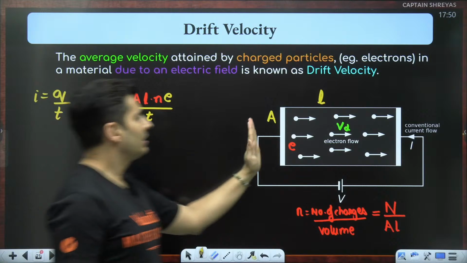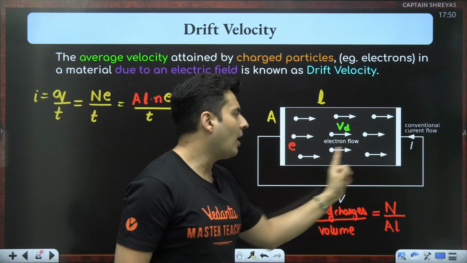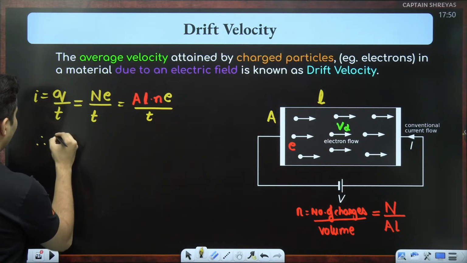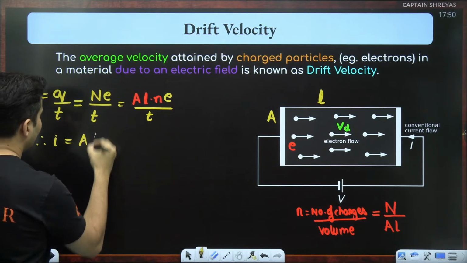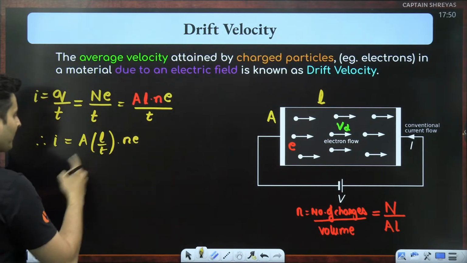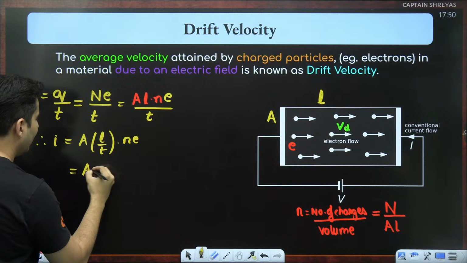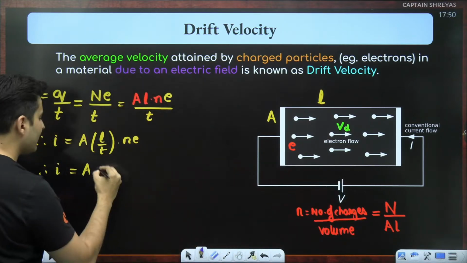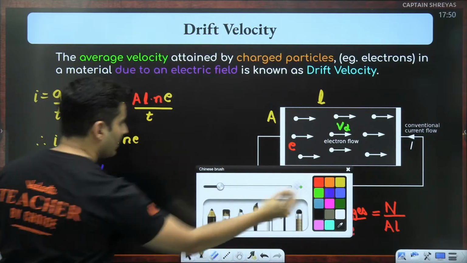Length by time, the distance that you travel in how much time, that is your speed. Oh yes, sir, we got it. You take L divided by t separately, n and e. So this will become A into L by t, which is nothing but your drift speed.